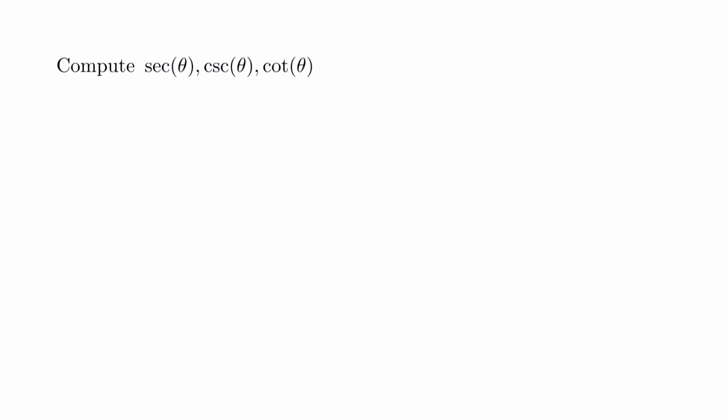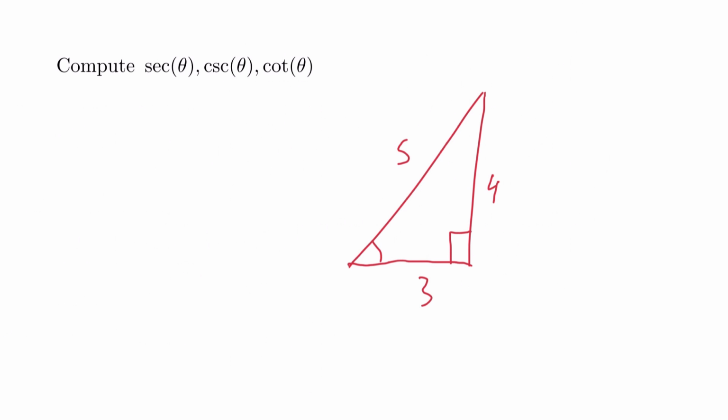So let's look at the same pictures. Secant of theta is hypotenuse over adjacent, so 5 over 3.